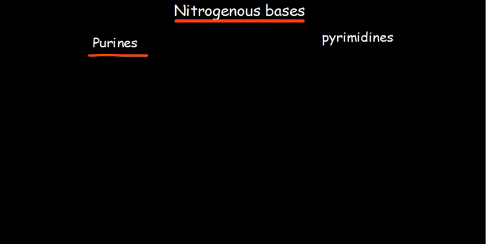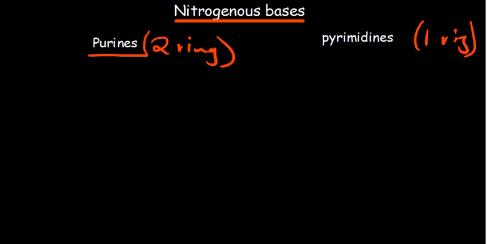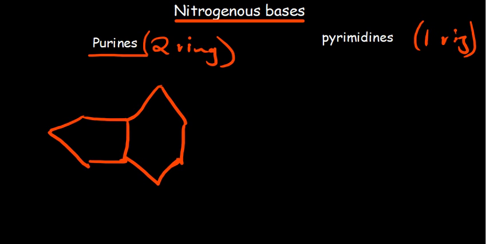A purine is a double-ring structure, and pyrimidines are single-ring structures. The general form comes out something like this. A purine looks something like this. Then a pyrimidine comes out just like this.